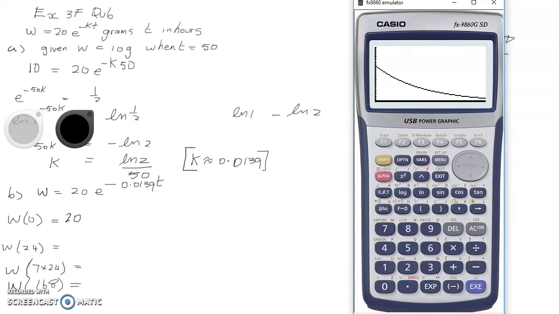Alright, now let's try again. So some of these problems are good to notice. Shift G solve. We want to do the y calculation knowing that the x value is 24. And now it works. So it's 14.3.